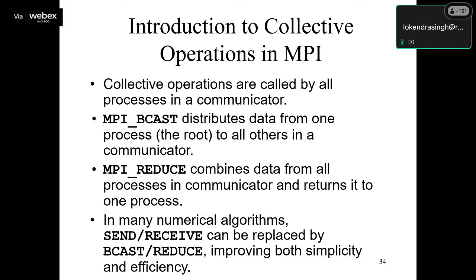Next is MPI_Reduce. One of the parameters of this function is the operation to be performed. It combines data from all processes in the communicator and returns it to one process. Suppose there are 8 processes, it collects the data from the 8 and returns it to the single process.